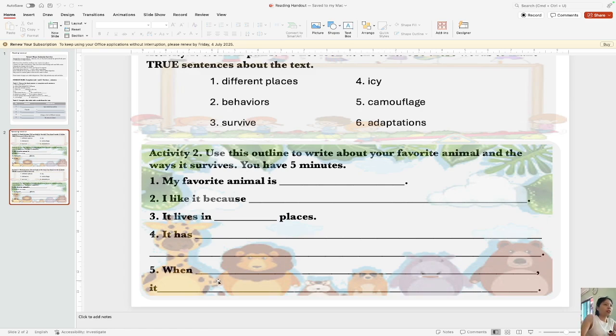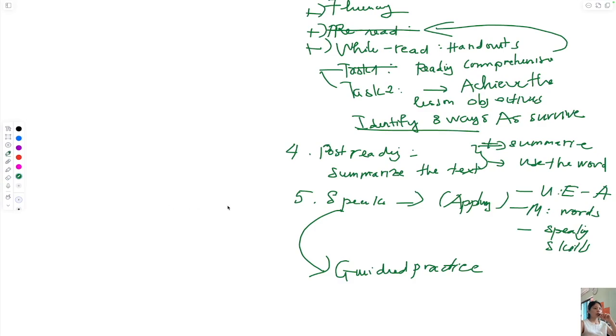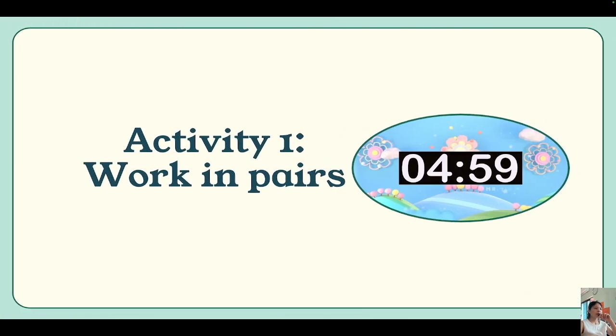For example, some animals will hibernate, others will migrate. But I believe this scientific knowledge is too much for grade 1 students to achieve in 1 hour. So I believe this is the end of the lesson.